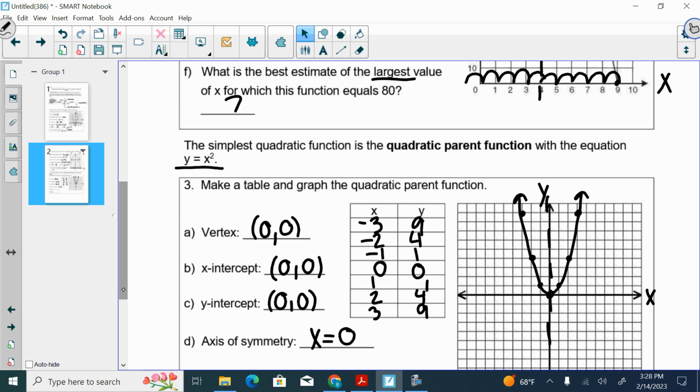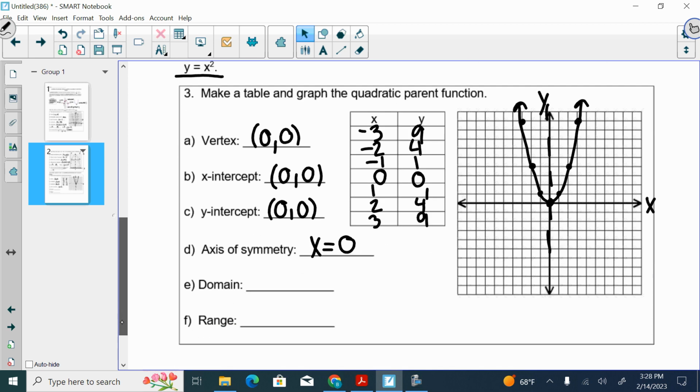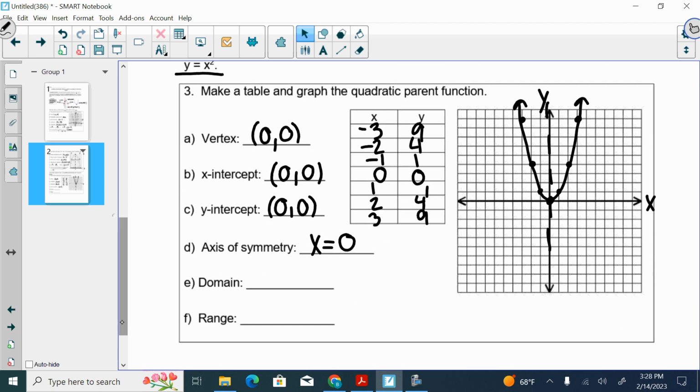Okay? All right, then the last two things it asks for is domain and range. So domain, is that x's or y's? X's. All right, so x's go left and right. I've got my arrows. Is this thing ever going to stop going left or right? No. So what do I put? Good.